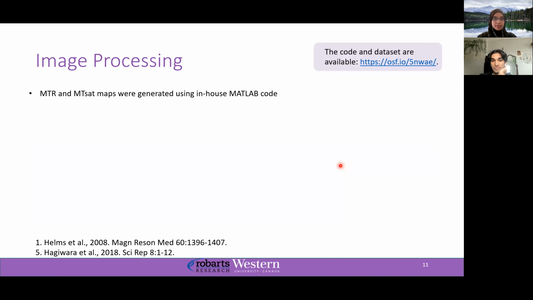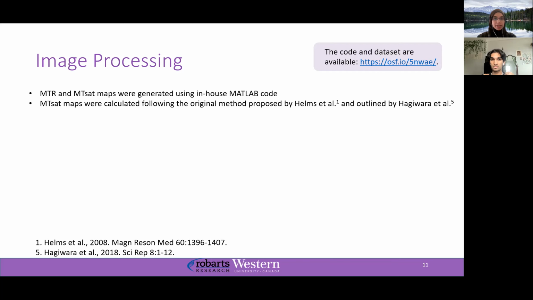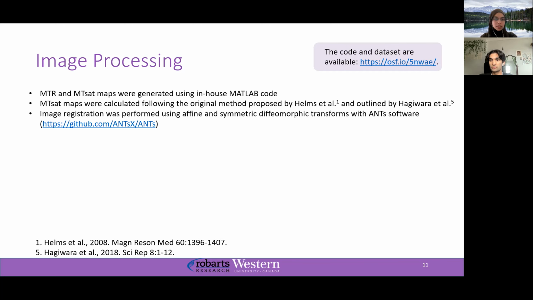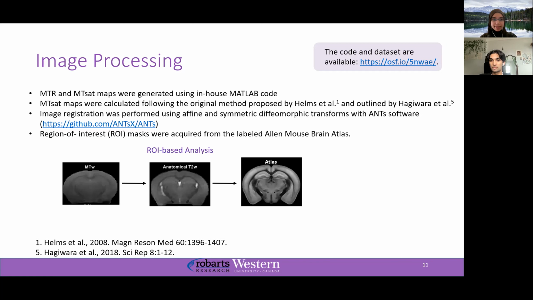MTR and MTsat maps were generated using in-house MATLAB code, and the code and dataset are available online. MTsat maps were calculated following the original method proposed by Helms et al. and outlined by Hagiwara et al. Image registration was performed using affine and symmetric diffeomorphic transforms with ANTs software. The region of interest masks were acquired from the labeled Allen Mouse Brain Atlas.